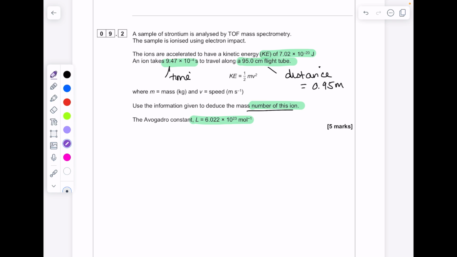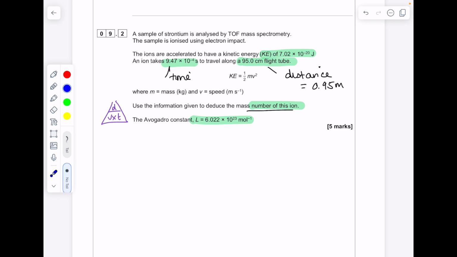Right, so I'm just going to get started then. Here's that all-important triangle. We're kind of working backwards compared with the last question, but don't worry, because we're after the mass number. That was our starting point before, but it doesn't matter. We're actually just going to dive straight in. We know that we have both time and distance, so we're now going to find v, which then we can plug into this equation.